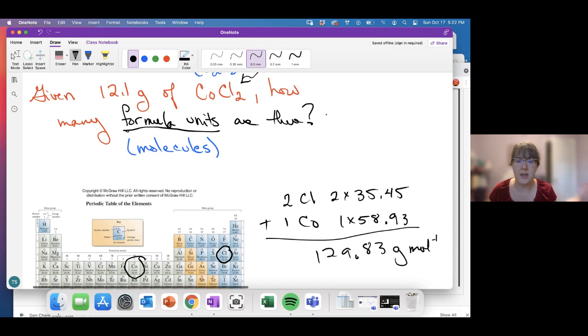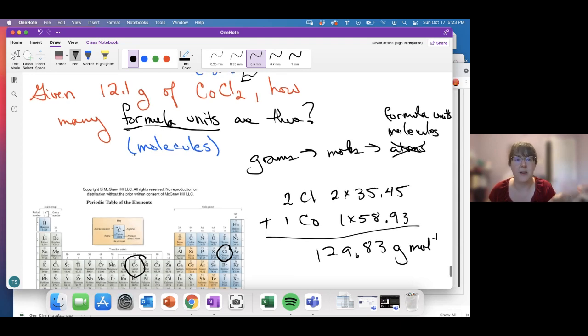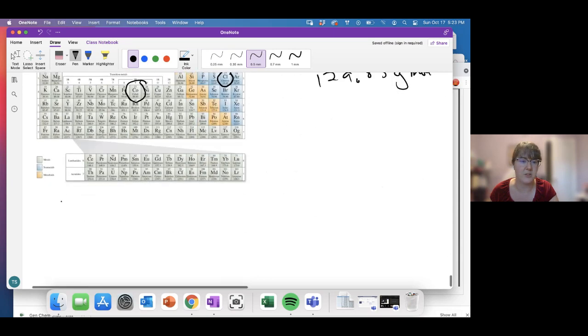So again, the old style, I would have gone grams to moles to atoms, but this is now molecules or formula units, now that I have bigger things. So I'm still going to take my grams and divide that by my molar mass. Scroll down so I have some more space.